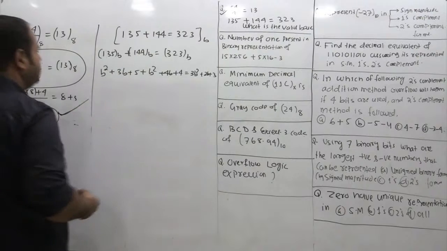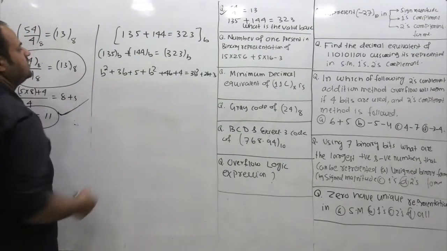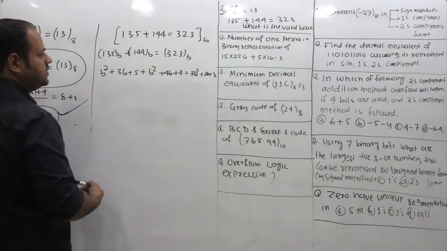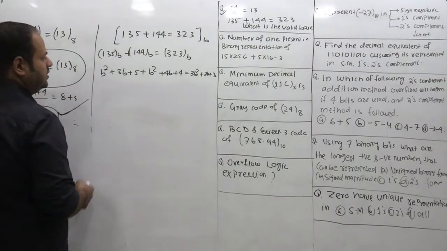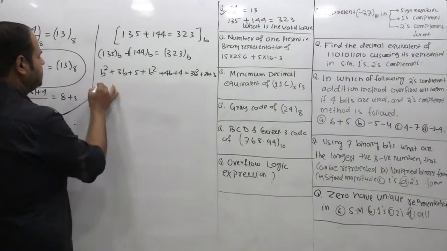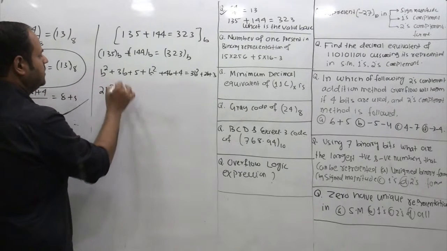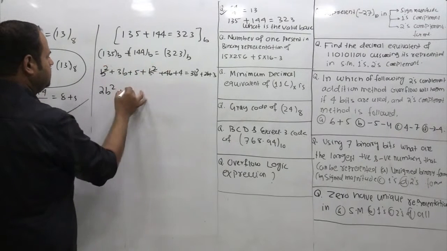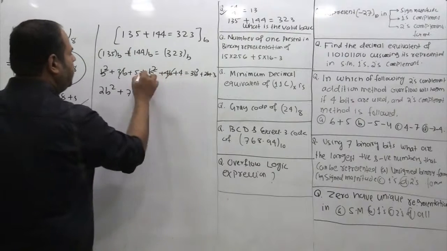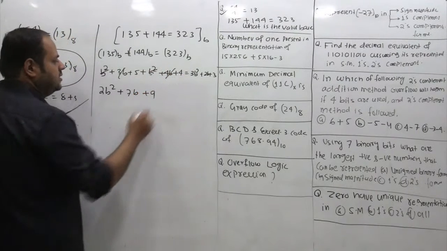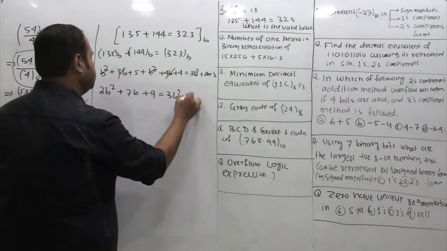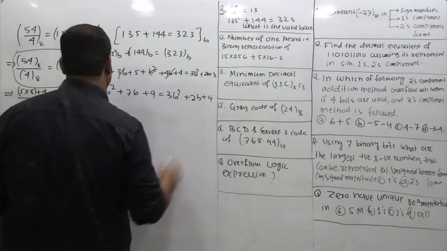b square plus 3b plus 5 plus b square plus 4b plus 4 is equal to 3b square plus 2b plus 3. So on this side I write 2b square, then 3b plus 4b is 7b, and then 5 plus 4 is 9, equal to 3b square plus 2b plus 3.